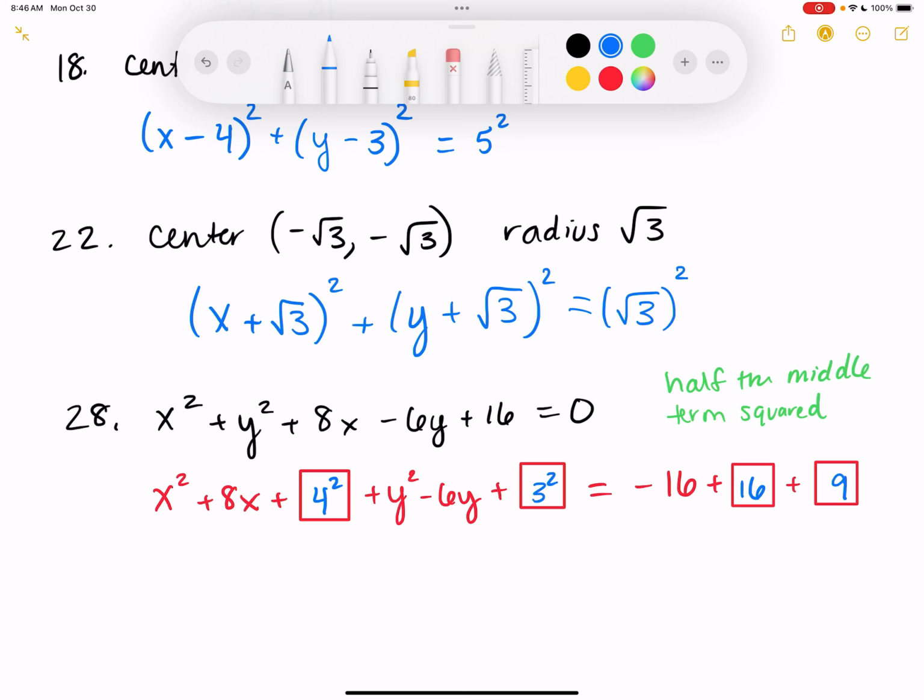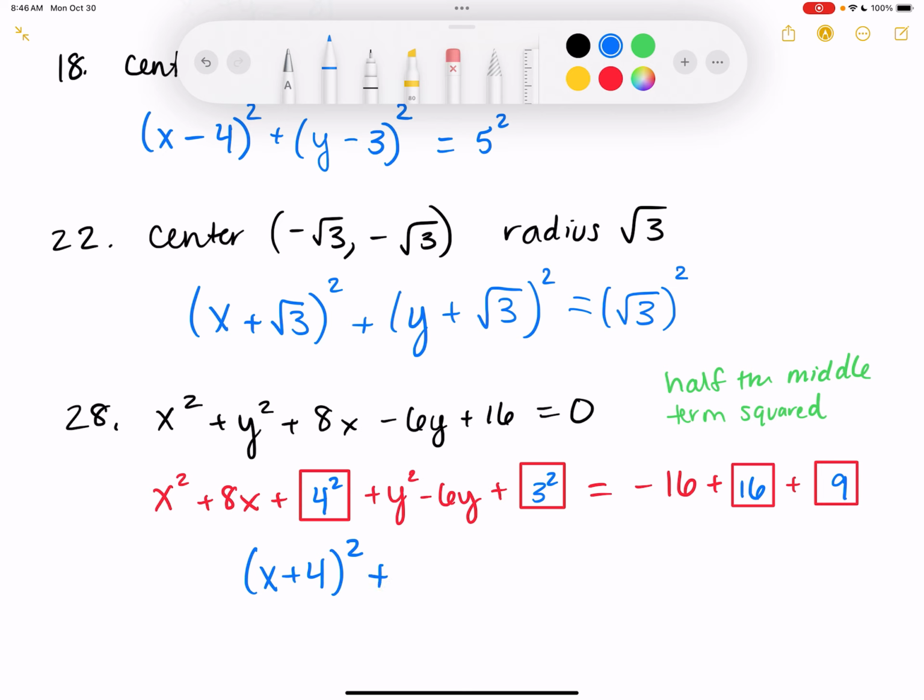So now what I have is a perfect square trinomial for my x's. So I can do x plus 4 quantity squared. Plus, I'm going to do the same thing for y's.